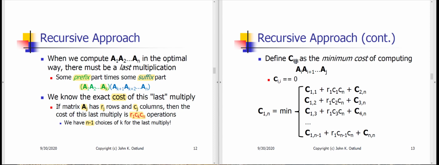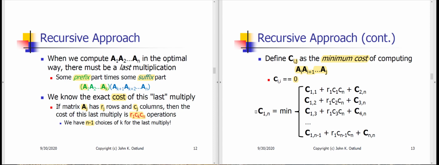So we'll just define C sub ij as the minimum cost of computing some product of matrices from AI up through AJ. Now, we know that the cost of not multiplying, that is, if I is equal to j, the cost of not doing any multiplying is 0.